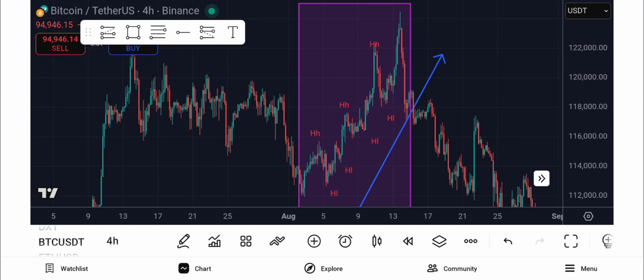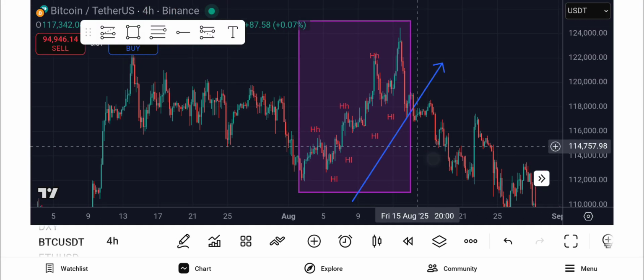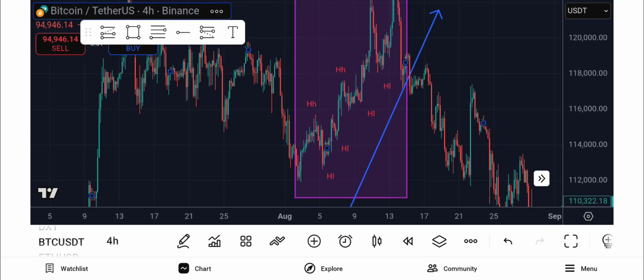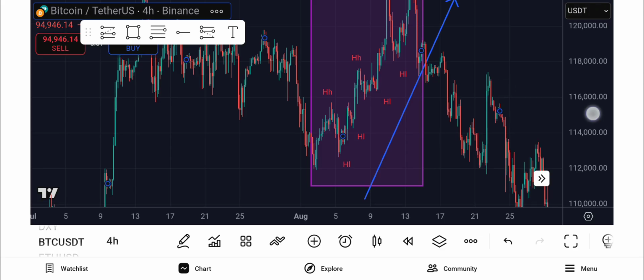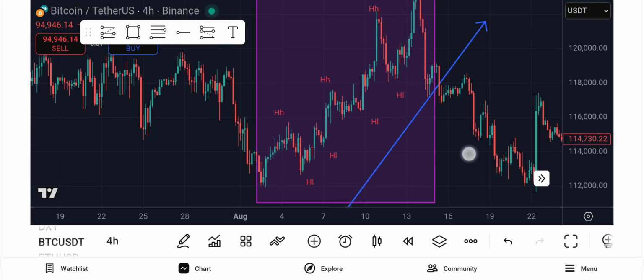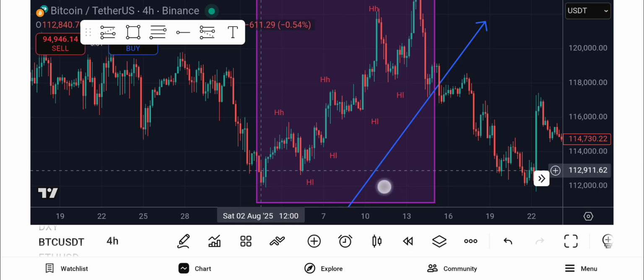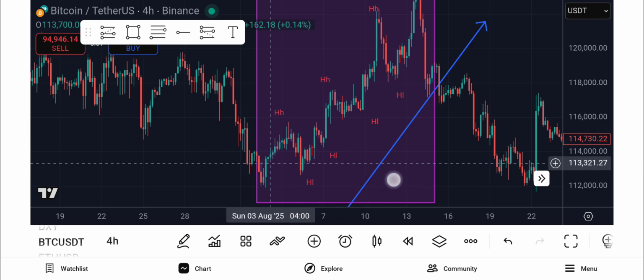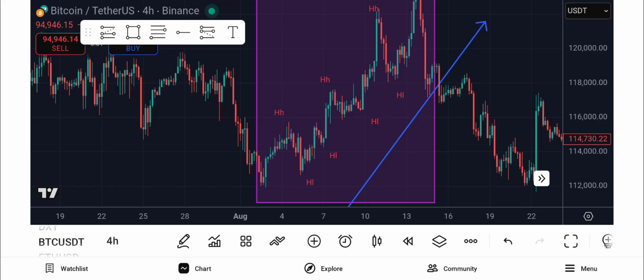As soon as we see something like this, off rip, what do we see? Let's start from the beginning. We know that it's going up because the higher lows keep taking out the higher highs.